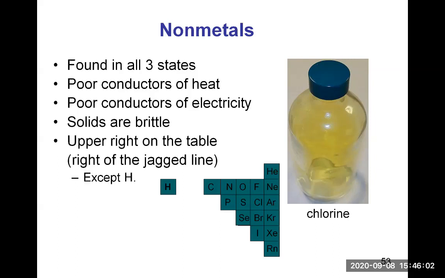And so non-metals are found in the upper right corner of the periodic table, to the right of the jagged line, except hydrogen. So be very careful here. Hydrogen is found on the left side. It's the first atom in the upper left corner, but it's a non-metal. It's not a metal. So hydrogen is a non-metal.